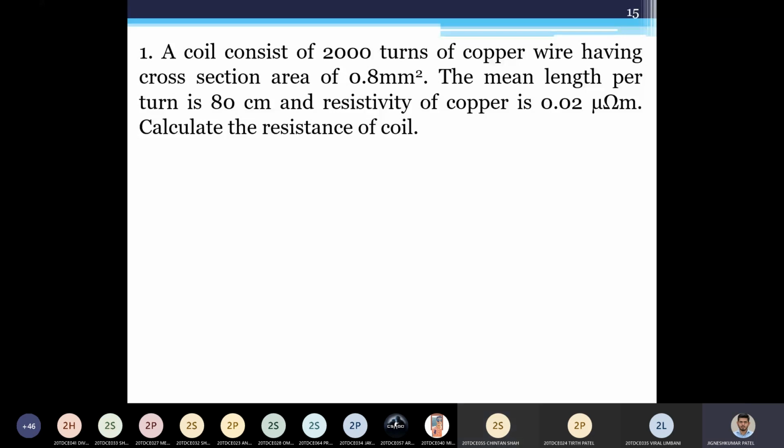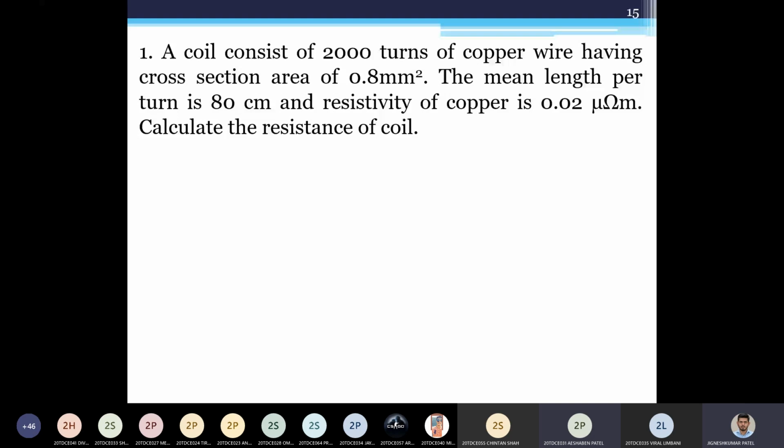Yes, Raj, what is the answer? Roll number 31, Aisha. The answer is 40 ohm.